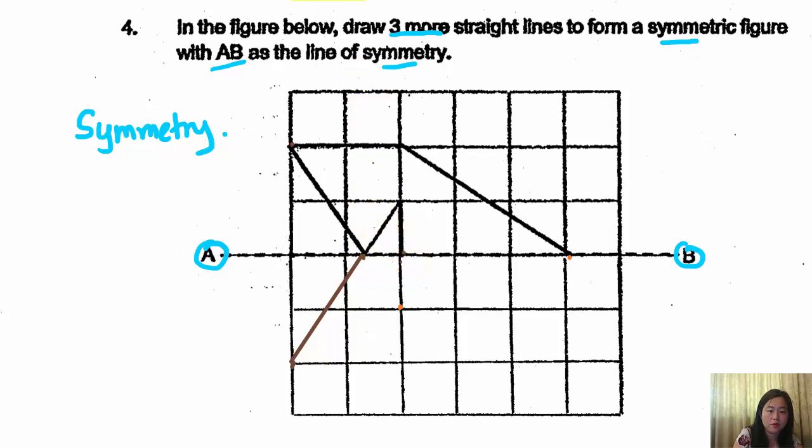Then after that, we have to draw the next one, which is from here to here. And then finally from here, we are supposed to draw a line. So let me use the arrow again, which is to here. Okay, so let's move on to the next question now.